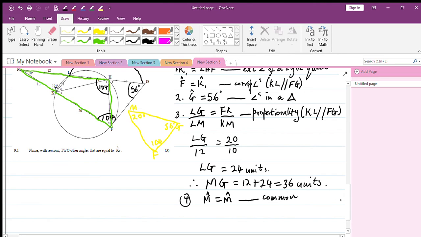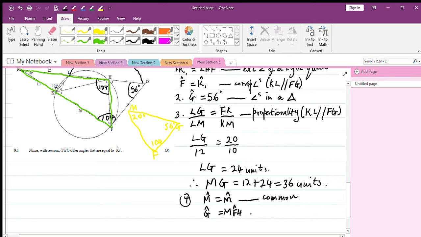The next set of angles is angle G in the yellow triangle is equal to angle MFH in the green triangle.